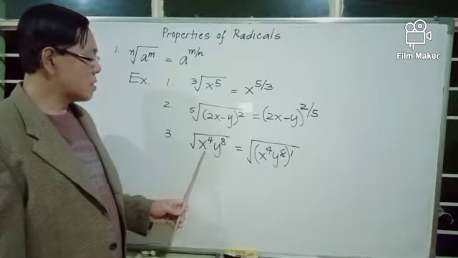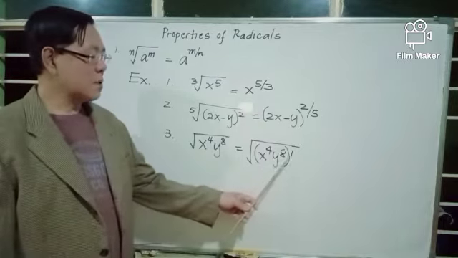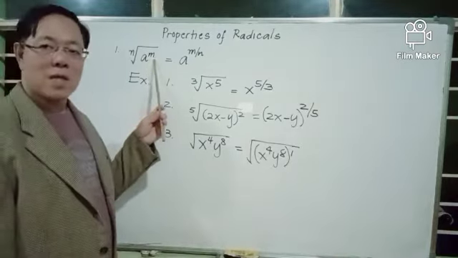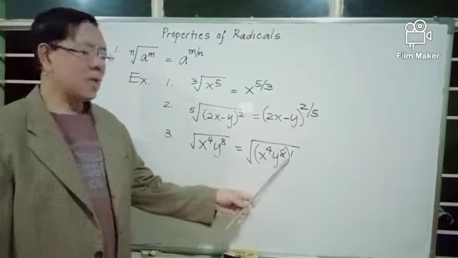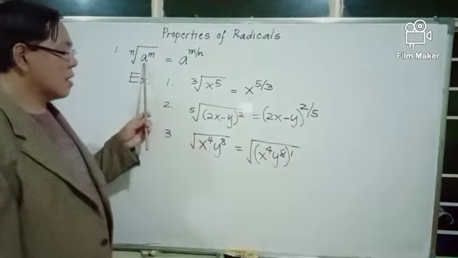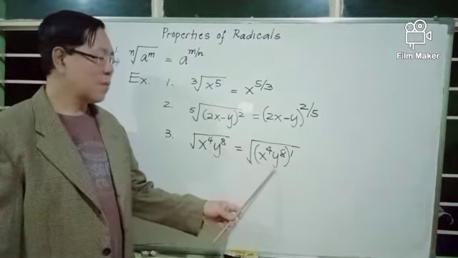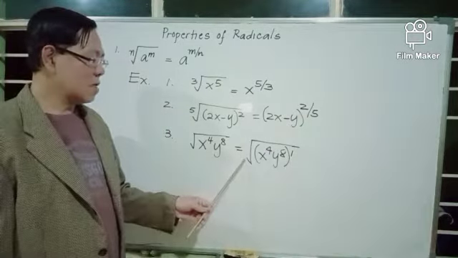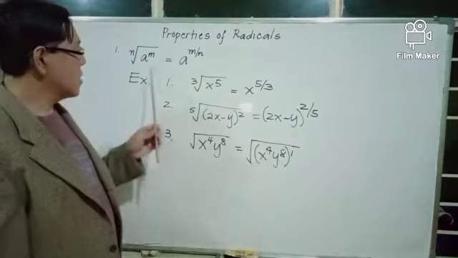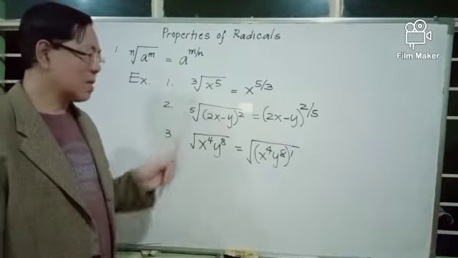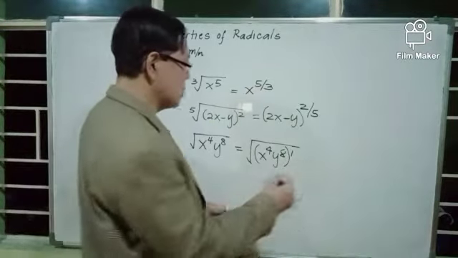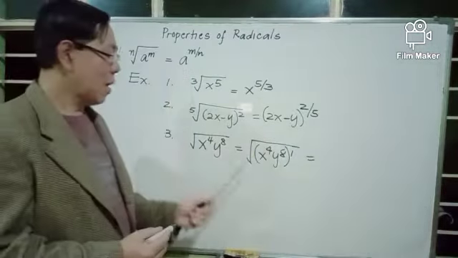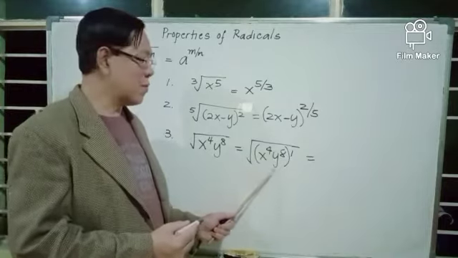And I wrote this in this form so that we will know what is the exponent m. Now the exponent m is 1 and the base a is x to the 4, y to the 8. And the index n in the property is 2. Hence, by this first property of radical, this is now equal to a. Our a is the product of x to the 4, y to the 8.